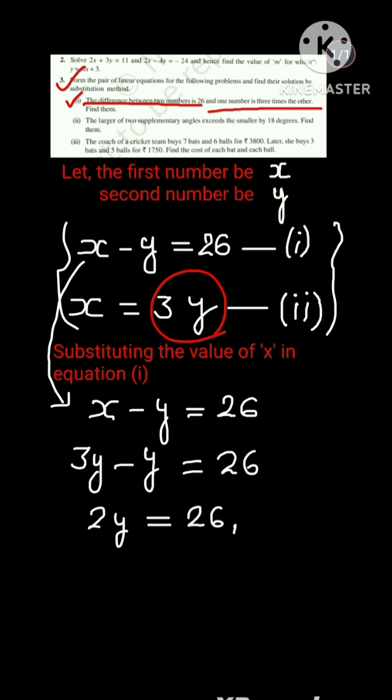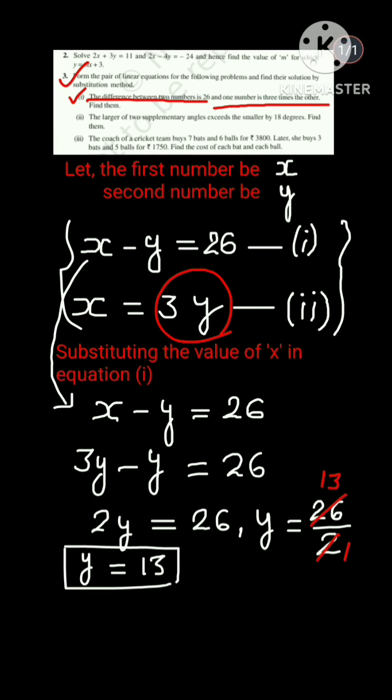Now the value of y will be y equal to 26 by 2. Now 2 1s are 2, 2 13s are 26. In this way we have obtained the value of y is 13.